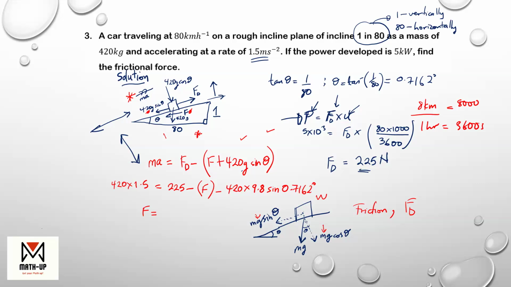So we have 420 times 1.5 minus 225, then plus 420 times 9.8 times sine of 0.7162, and that gives us F as 456.449 newtons as our friction force.